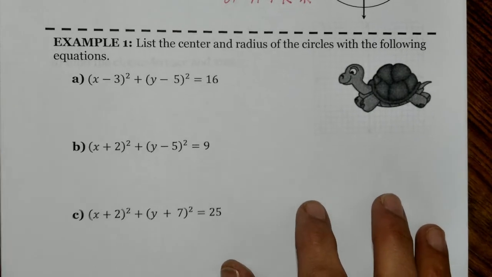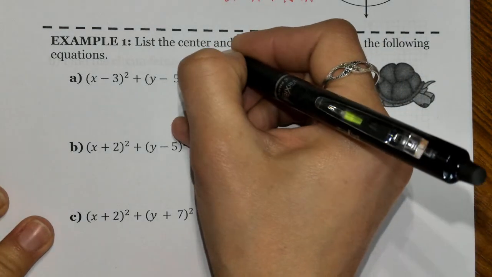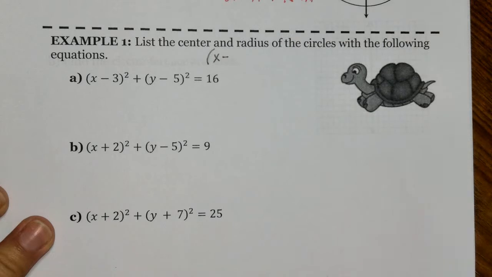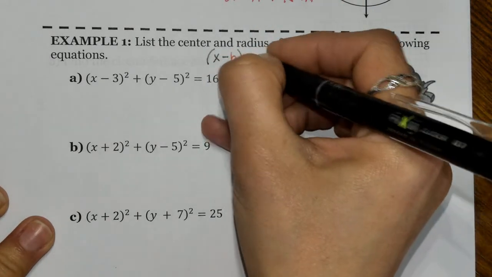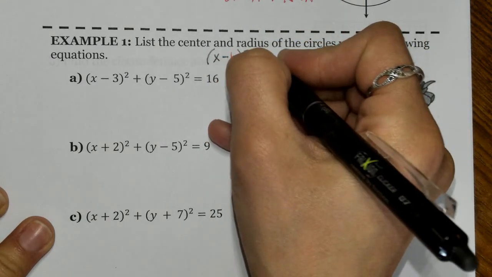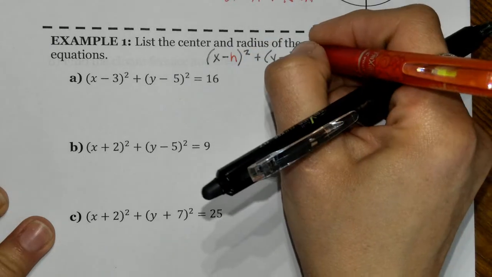And these are the things that we're going to be using for finding our equations. First, though, we are going to be given the equation, and we're going to list the center, and we're going to list the radius of these circles. So we need to remember first here, and I will be switching up some colors here. I'm going to differentiate between the center and the radius with different colors. Our equation is going to be that x minus h, and we need to make sure that we square it, plus y minus k.